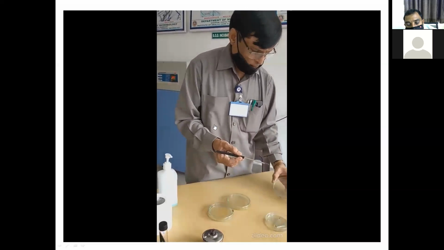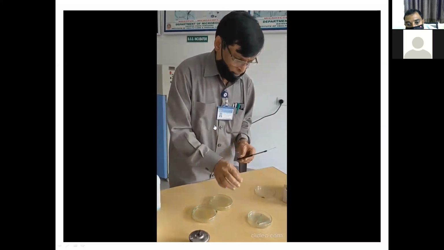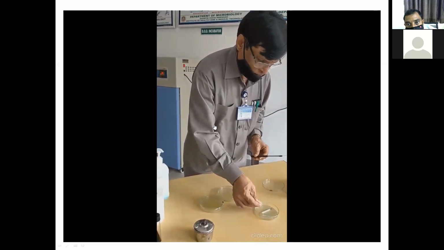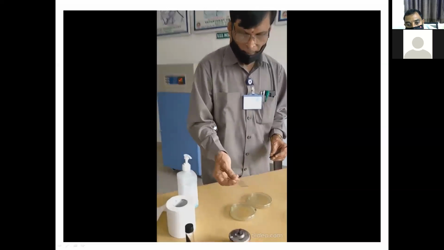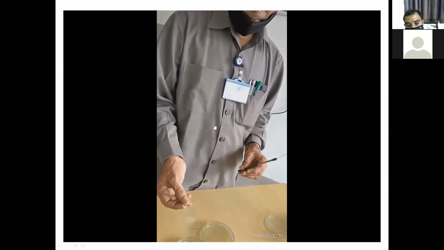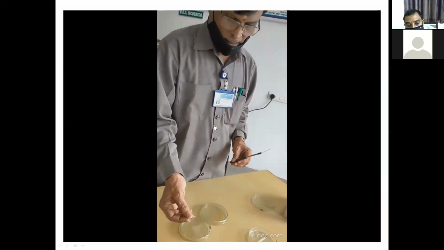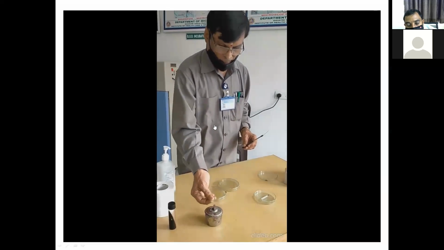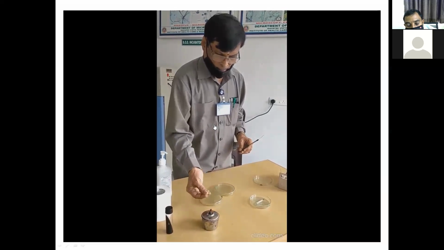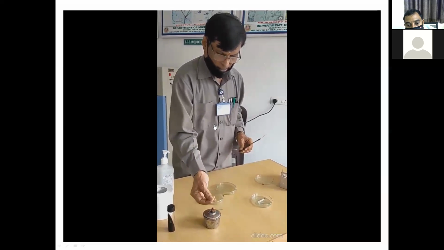First of all, we will take the sterile slide. Now we will start the technique. Again, we will just heat it on the spirit lamp.